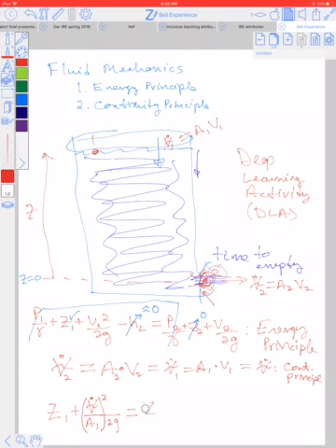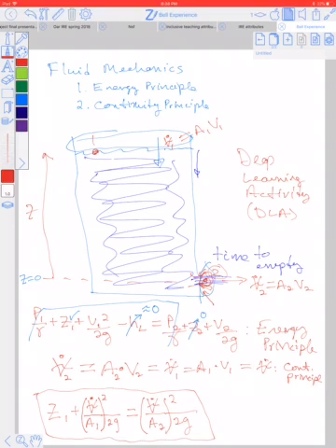Oops, we got rid of that. All that's left is the velocity at 2, which is the volumetric flow rate over the area at 2, squared over 2g. So now what we've done is, what's the word I'm looking for? Combined the energy principle and the continuity principle to get one equation where there's a height that we can measure, an area that we can measure, 2 and gravity.